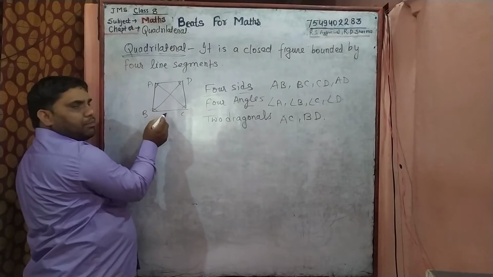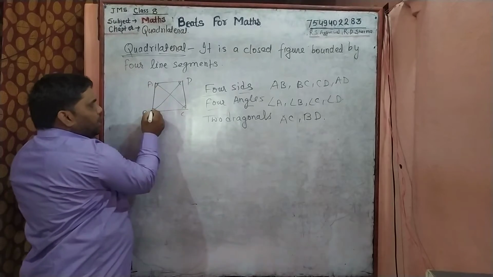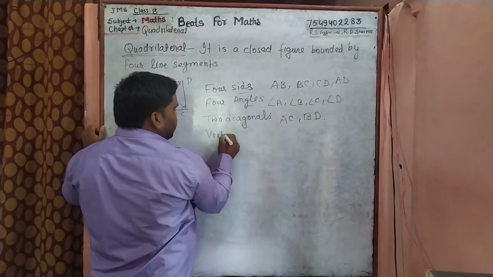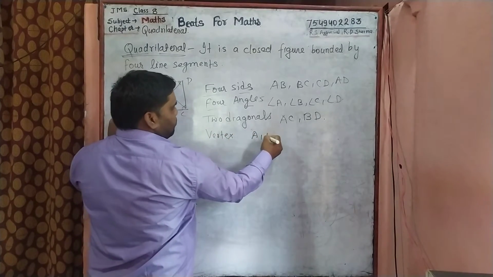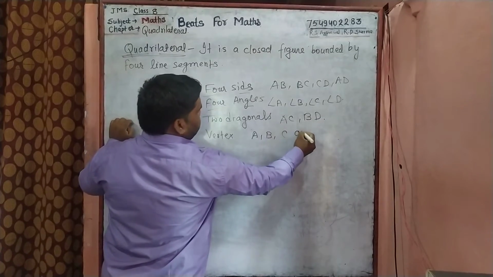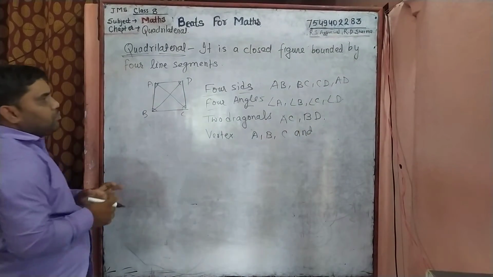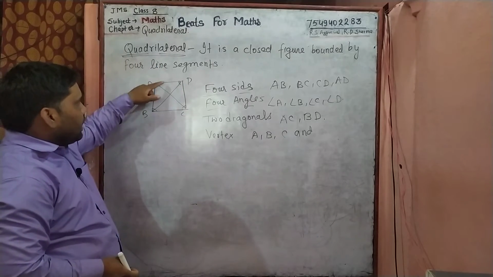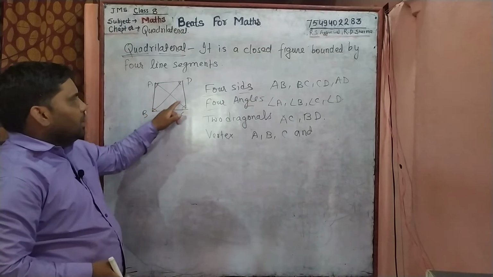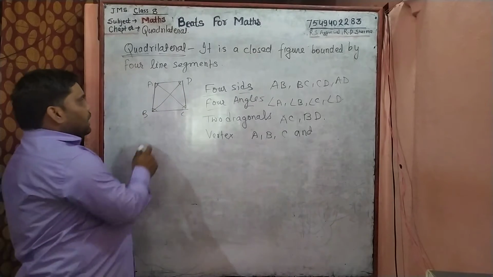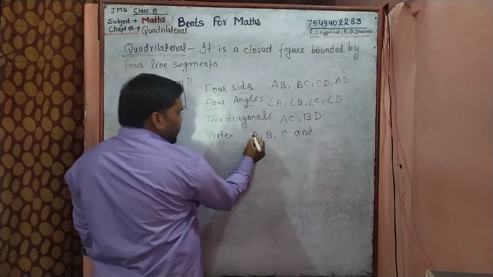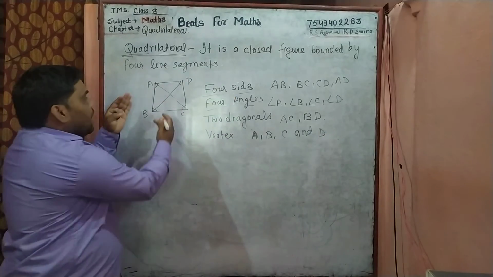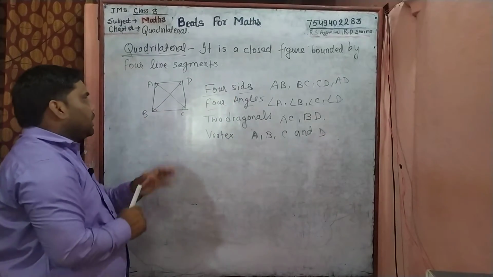Some sides are connected by one vertex, and this point where two sides are meeting is called a vertex. So here the vertices are A, B, C and D.